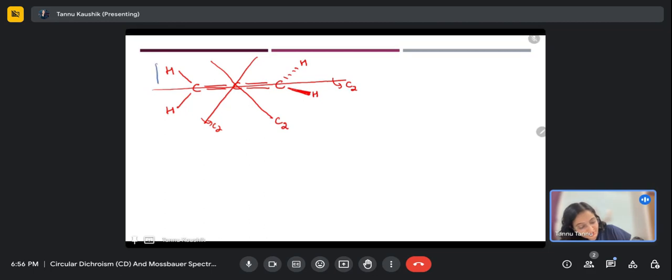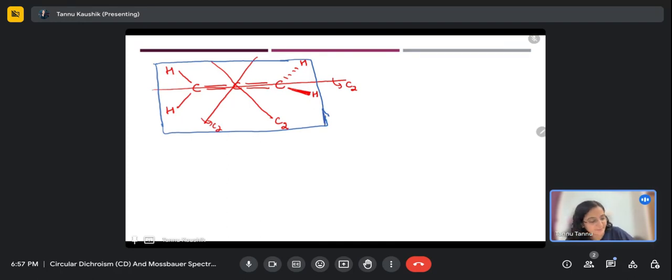We have planes which are bisecting these perpendicular C2 axes. One is the molecular plane, that is plane of the molecule. You can consider it as the plane of the board also, which is dihedral plane because it is bisecting these perpendicular C2 axes.